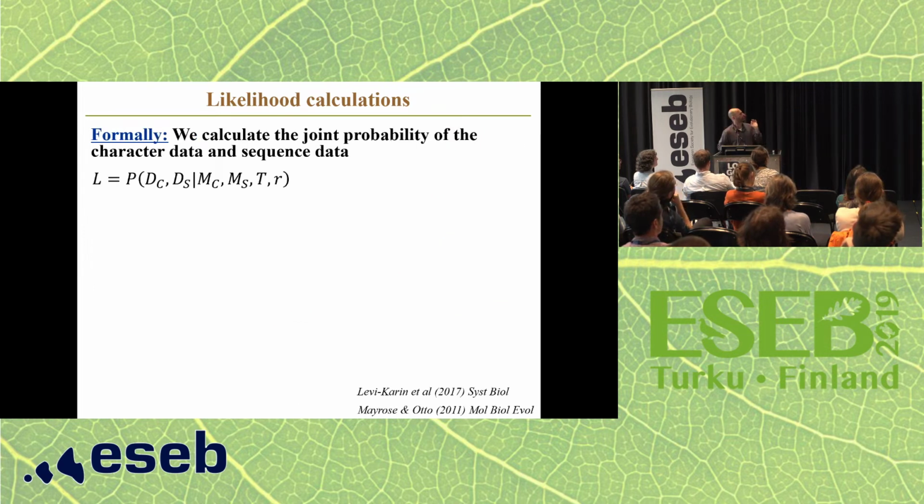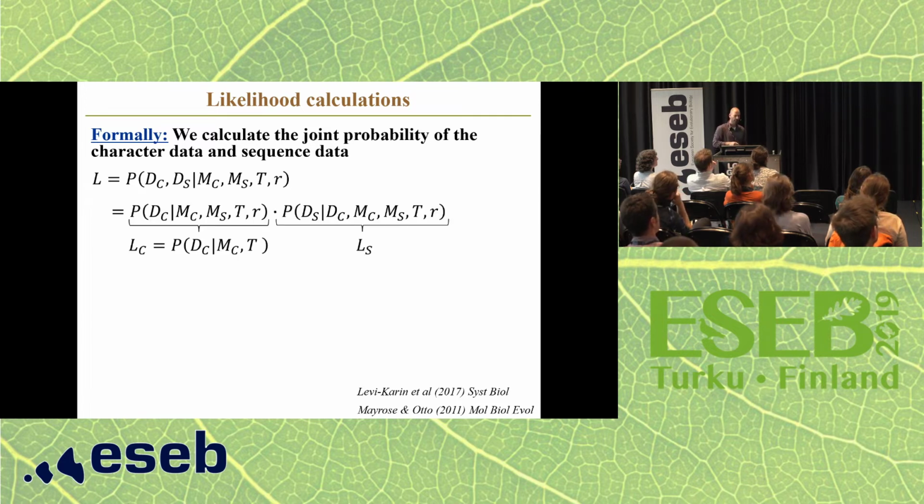So let's go into the calculations a bit more formally. This is two slides of equations. We would like to calculate the joint likelihood of the character data and the sequence data, given a model of character evolution, a model of sequence evolution, the phylogeny, T, and the relative rate parameter, R. Using the chain rule, we calculate the likelihood of the character data given the character model, but we can drop several terms that we don't need.